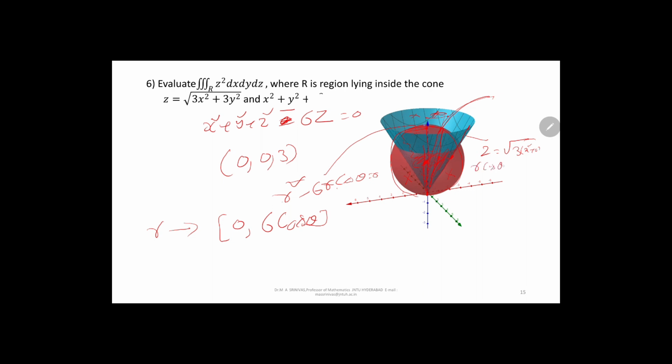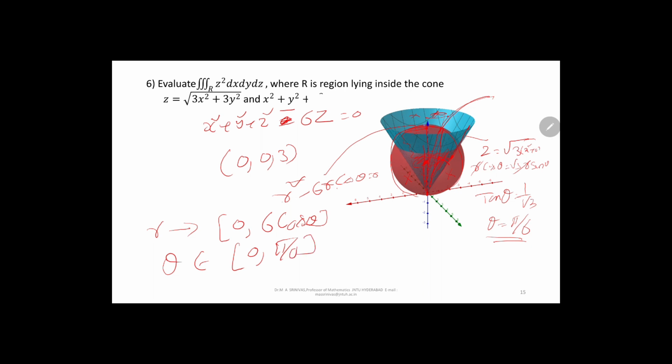Z is r cos theta, and root of x square plus y square is r sine theta. R and r get cancelled. Sine theta by cos theta is tan theta, and tan theta is 1 by root 3. That means theta is pi by 6. So the cone equation is theta is pi by 6. The minimum angle is 0 and the maximum angle is pi by 6. Theta varies from 0 to pi by 6.